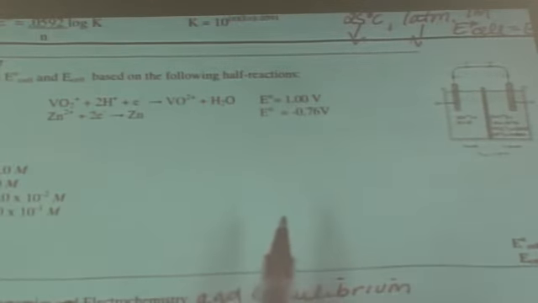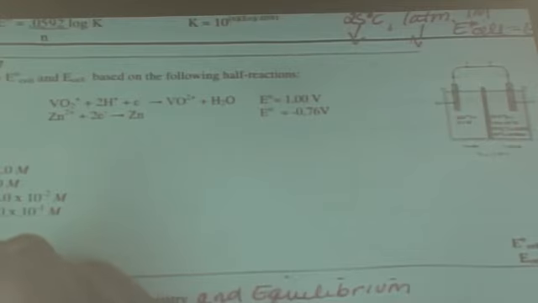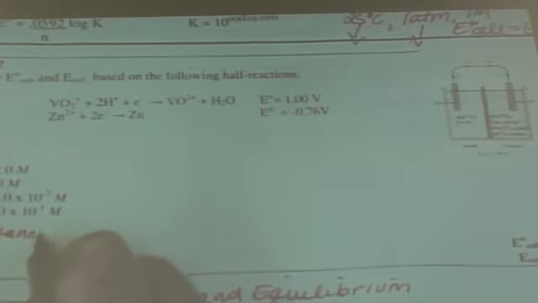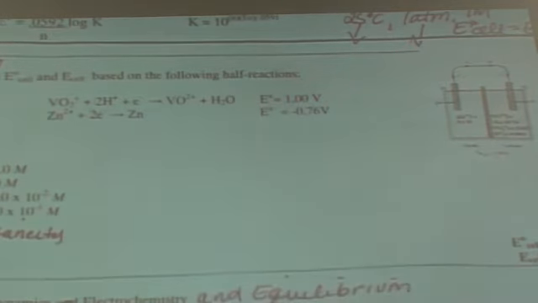The overriding principle in thermodynamics is Gibbs free energy, delta G, and delta G tells us what? Spontaneity. And that is telling us whether something will occur without outside intervention.